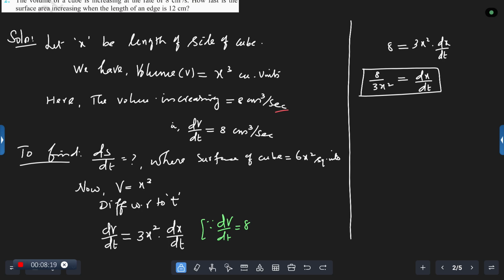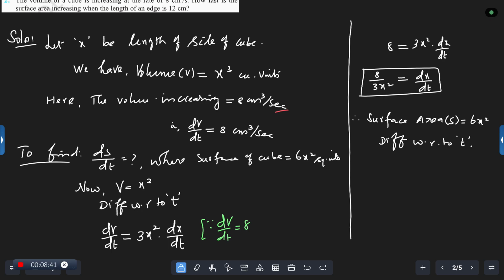Now, the surface area. S equals 6x square. Differentiate with respect to t. Any doubts?